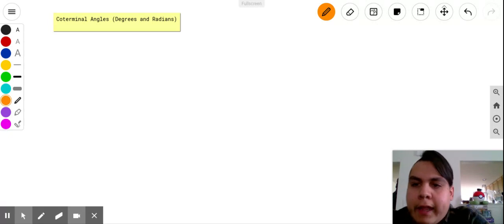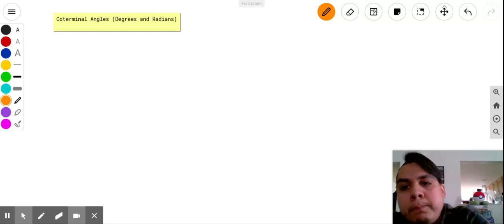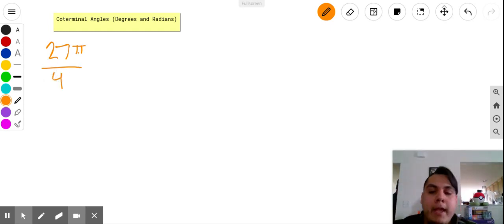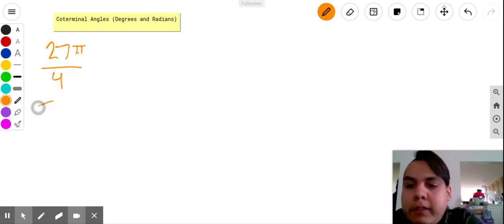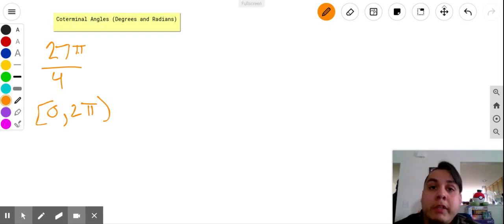So let's say that I have 27 pi over 4. Okay? And I'm looking for my answer within the range of 0 to 2 pi. Notice how the 0 stays 0 because 0 degrees is the same as 0 radians, and 360 degrees is the same as 2 pi, aka a full rotation around the circle.